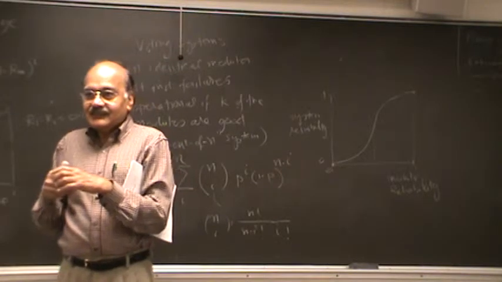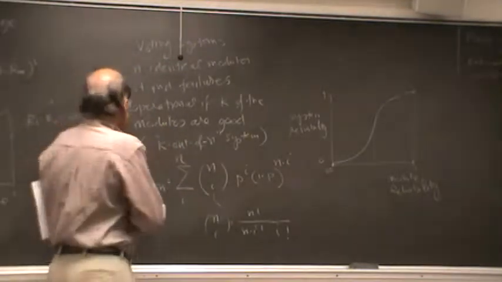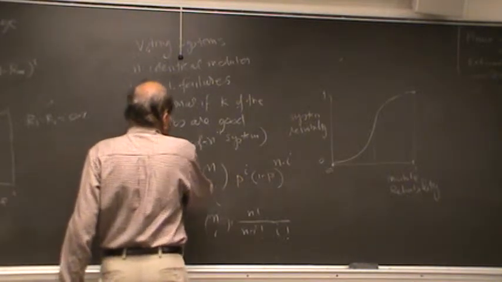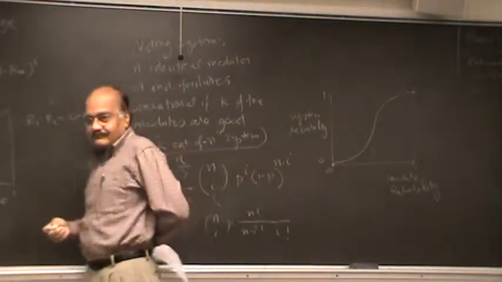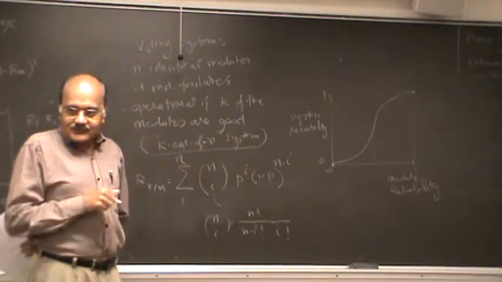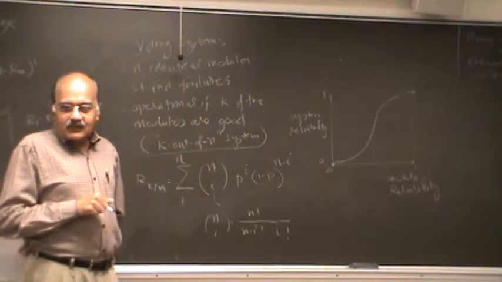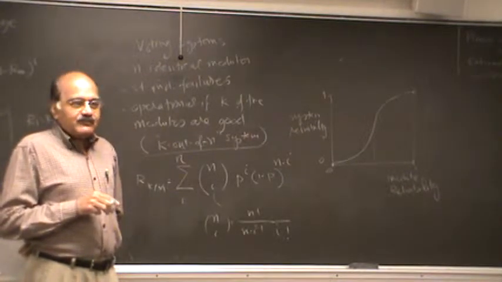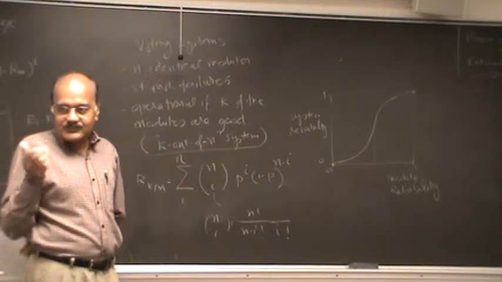So this is assuming serial? Pardon? Is this in serial? No, this is not serial. This is no longer serial. This is a K out of n system. That means you have n systems, and if K of them are good, the system is good. If it is a serial system, then there is no redundancy.